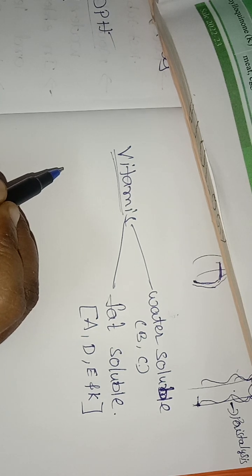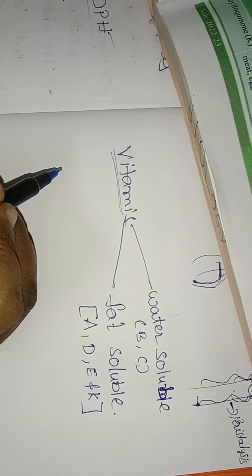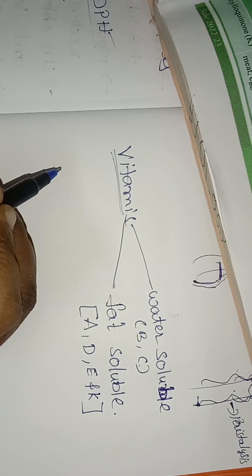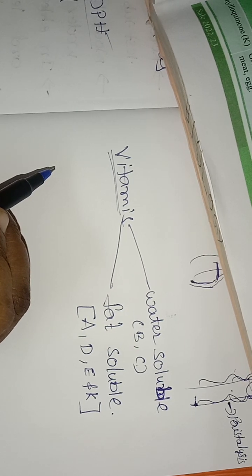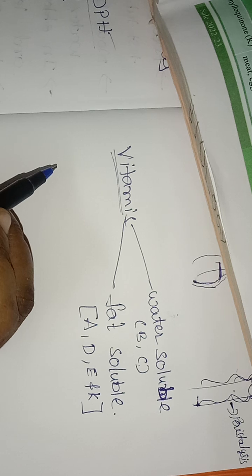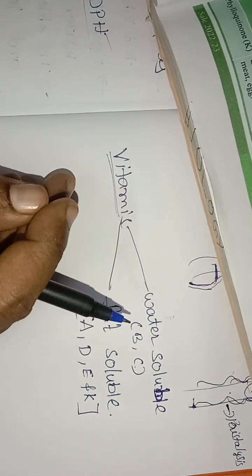The source of vitamins to our body is through two ways. One is diet and the other is bacteria present in the small intestine, which synthesize and supply vitamins to the body, right? So generally we get vitamins from the diet, or some vitamins are synthesized in our body. So the last topic of our lesson is vitamins.